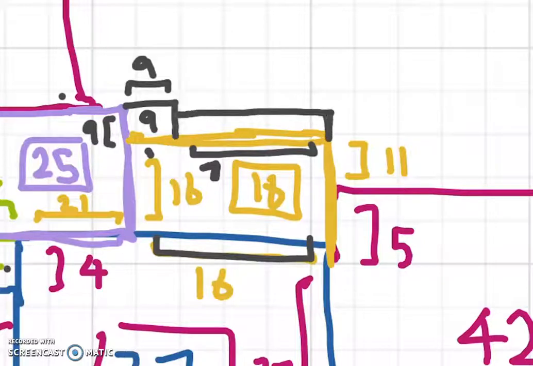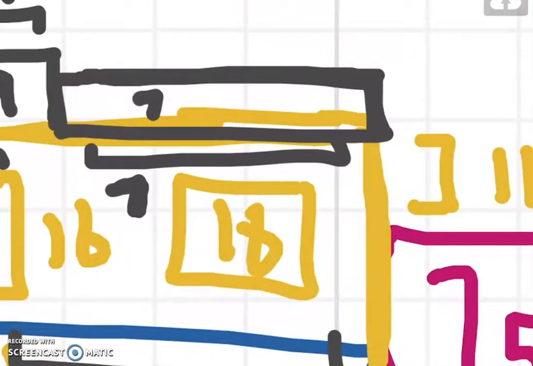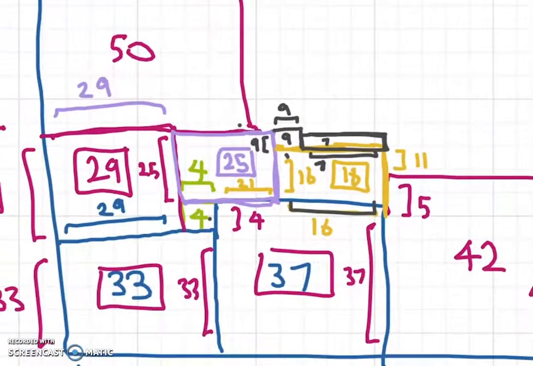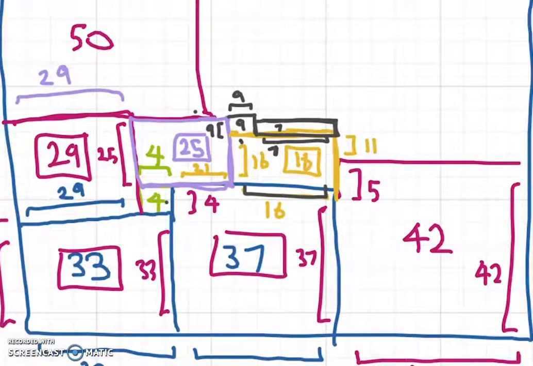This is getting a little bit out of scale, but we'll still continue. So we have a square of side length 7, although it's starting to not look like a square anymore.